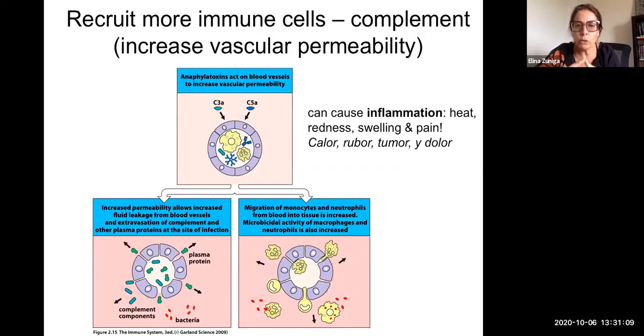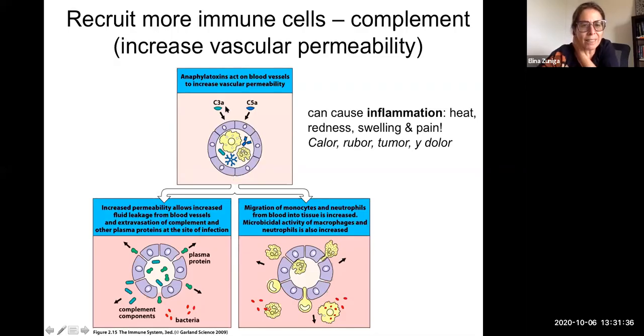And one way they do it is because they are able to increase the vascular permeability. And what is that? So in our vessels, we have a specialized epithelium that is called endothelium, endothelial cells that are also joined together by tight junctions.